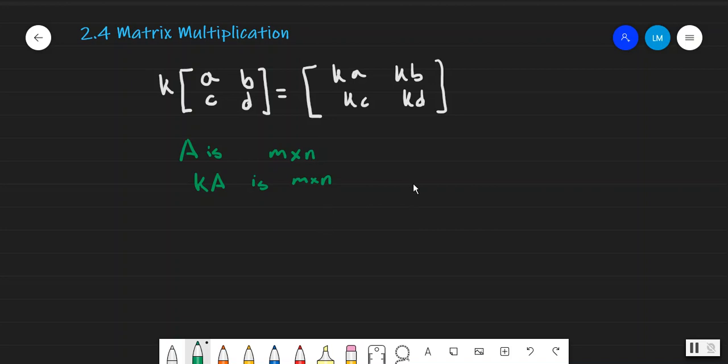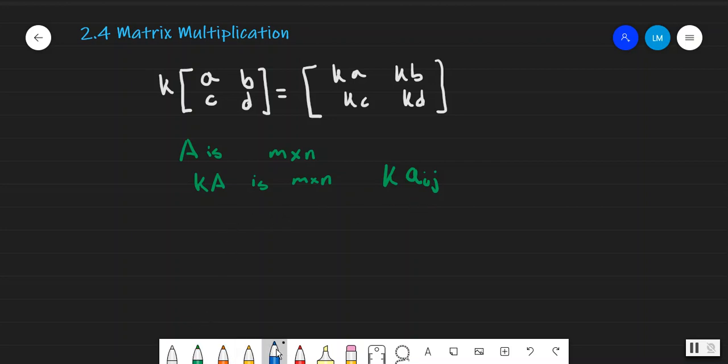But if you want to get specific in terms of the entries, the constant k is being multiplied by the entry a sub i j. So that means that you just have to multiply every single entry by k, essentially.